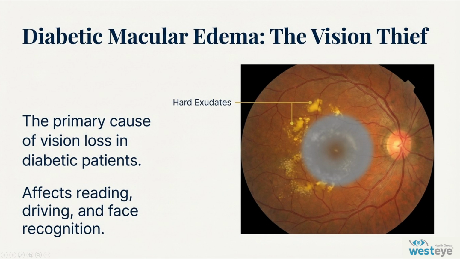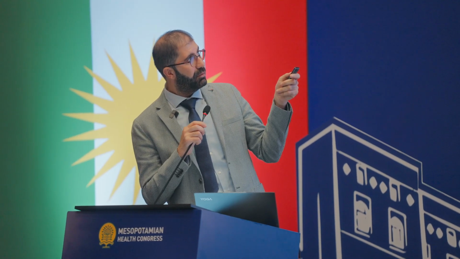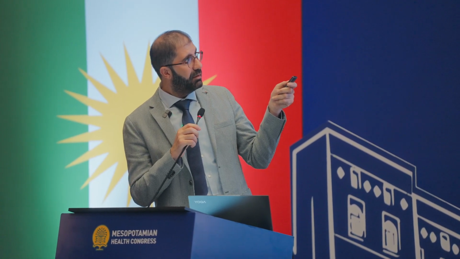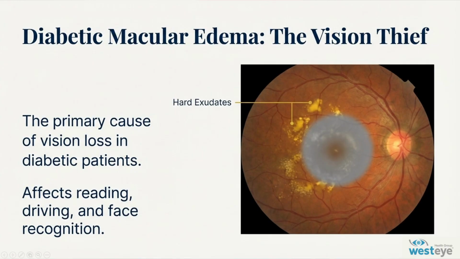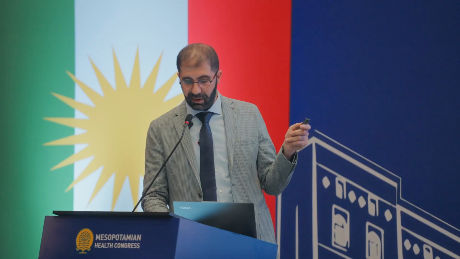When the macula is swollen, of course the vision is being affected, and the patients are not able to see that well. And please look at those hard exudates above. These yellow waxy deposits are the lipid residues left behind from leaking vessels. If you see any sign like that in a direct ophthalmoscopic examination in your clinic, you should refer this patient to an ophthalmologist as soon as possible.